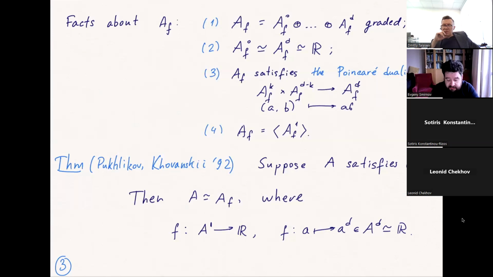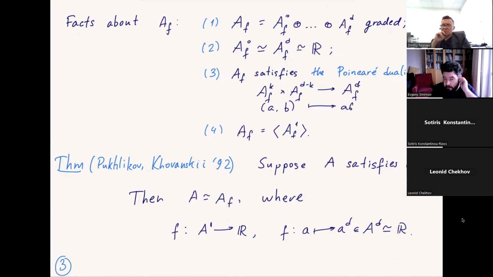Namely, if you have a ring satisfying 1, 2, 3, and 4, then there is a polynomial on its first degree component such that A is isomorphic to A sub F. And this polynomial is just sending the first degree component into its dth power, where d is the depth of the grading of A, the number of graded components minus 1.